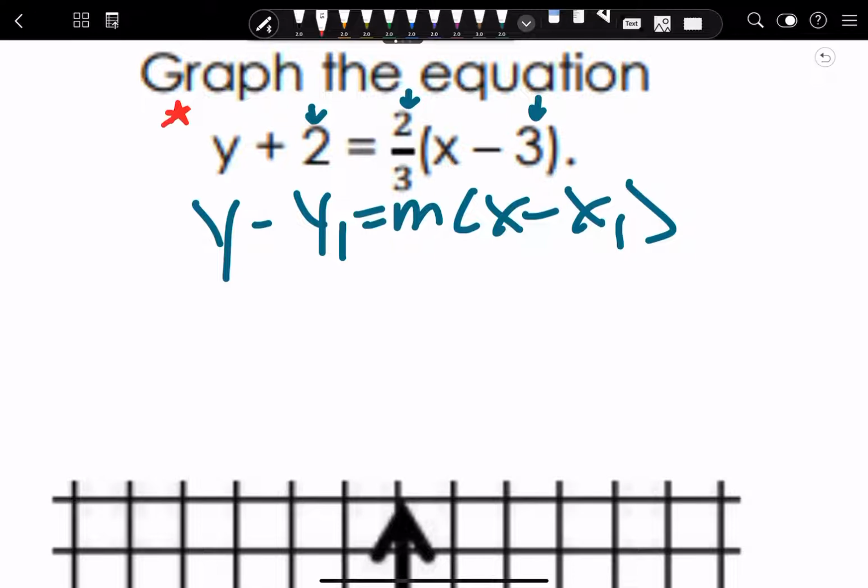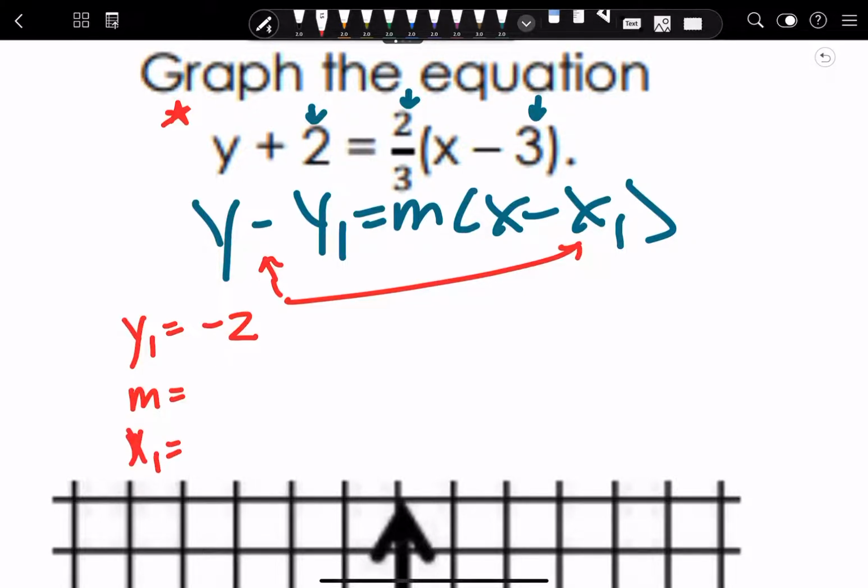Our y1s and our x1s here, they have a negative in front of them, so they have opposite signs. So our y1, even though it looks like a positive 2, it's really a negative 2. Our x1 says it's a negative 3, but really it's a positive 3. Now you don't have to put that positive there, but if it helps you, you can.